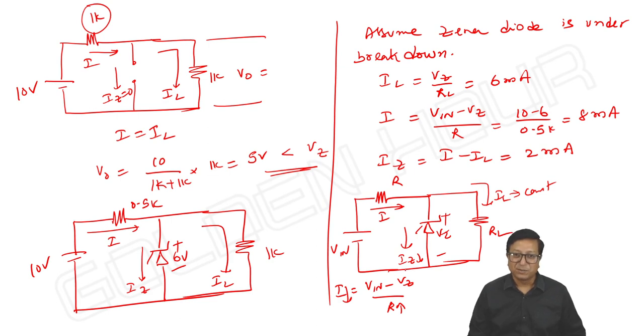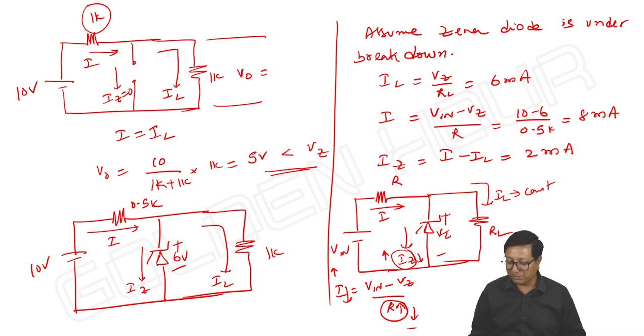Okay, so we should see that even for the maximum value of R, current through the Zener diode should not fall below its knee current. Understand? Right? Again, if you reduce R, then I will increase. If I increases, Iz will increase.